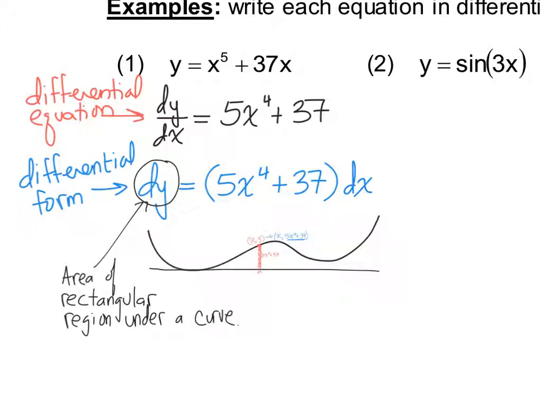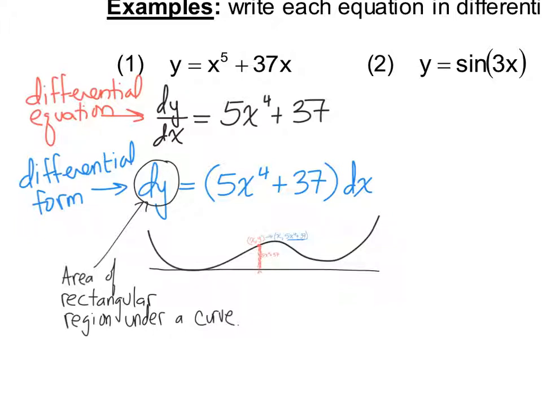So that's a little bit of the theory behind it. Now, it's only going to give me that little teensy tiny smidge of movement in the x direction. So it's going to give me just a tiny sliver of rectangle.